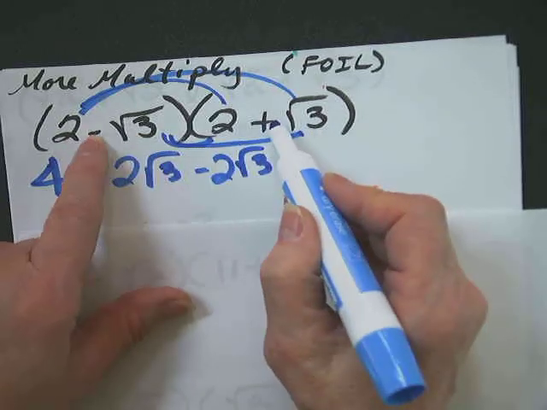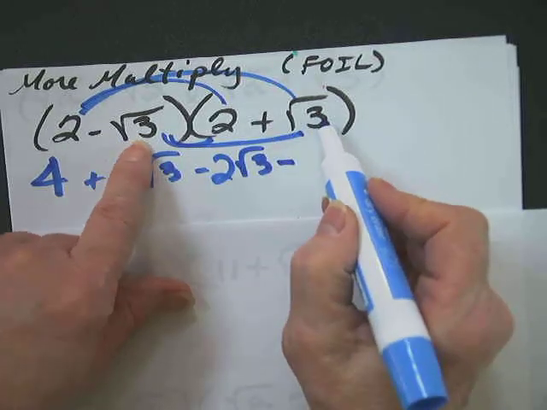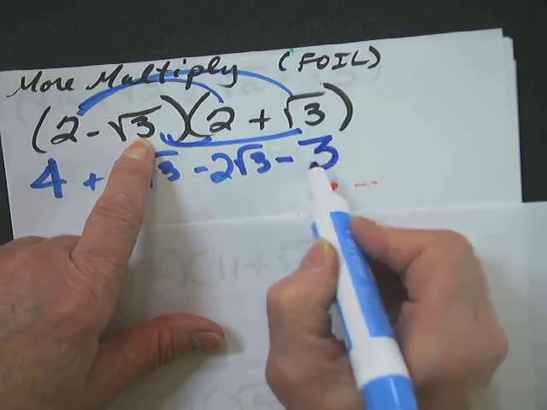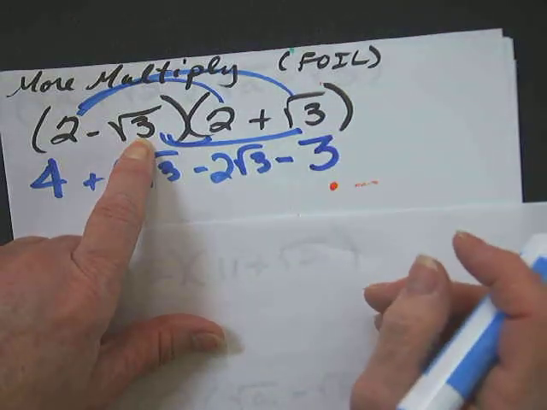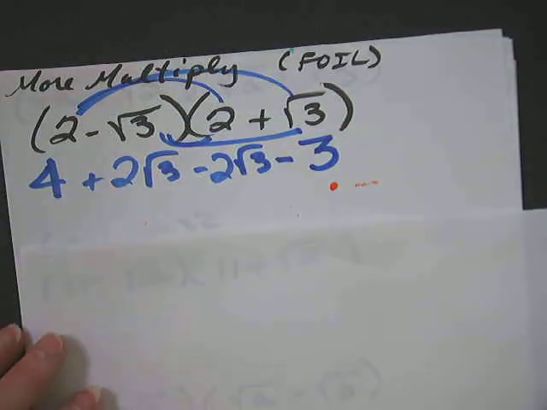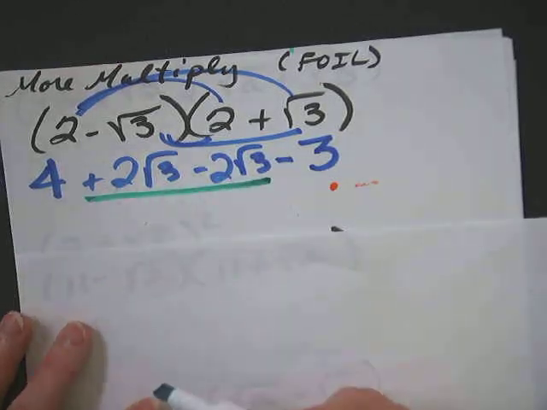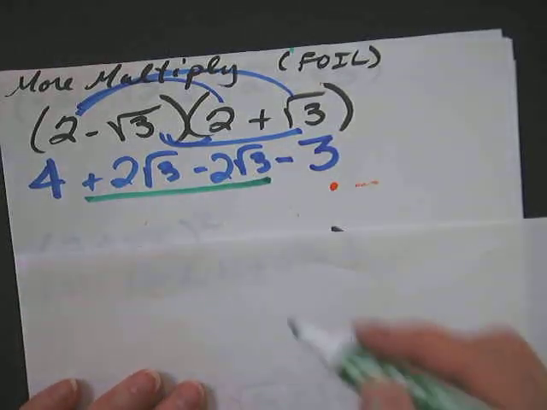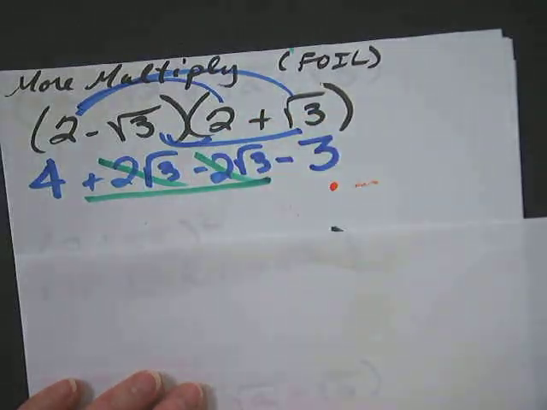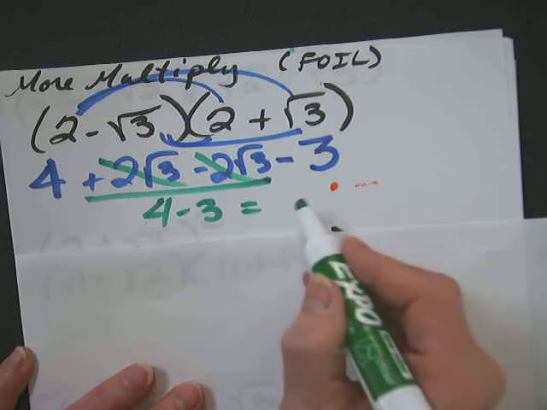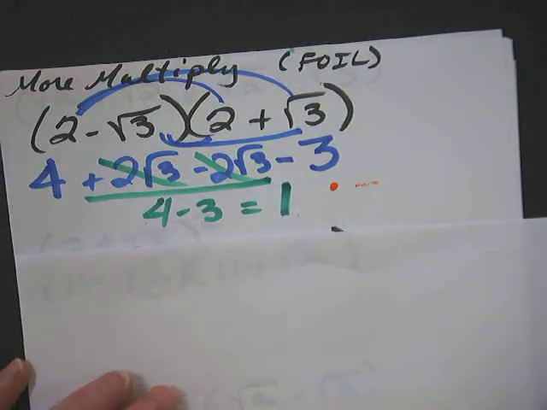Now we're doing a multiply where it's not just one number in the front like we just did. It's 2 by 2. 2 here, 2 here, so that's like a FOIL. Okay. First times first, 2 times 2. Outside, plus 2 square root of 3.